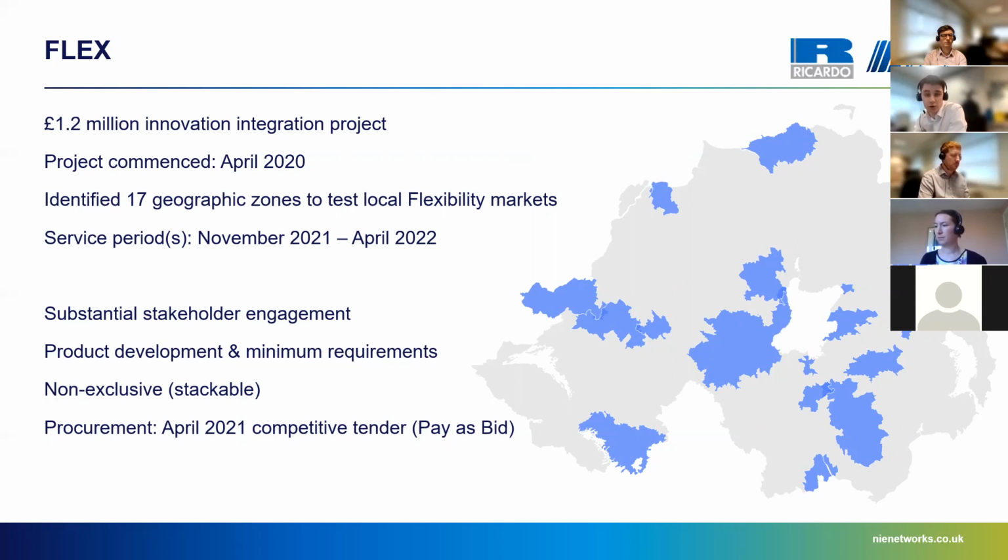And you'll see them on the right-hand side. These zones covered approximately 15% of all customers in Northern Ireland, and represent various urban and rural areas, and make up different compositions of domestic as well as industrial and commercial.